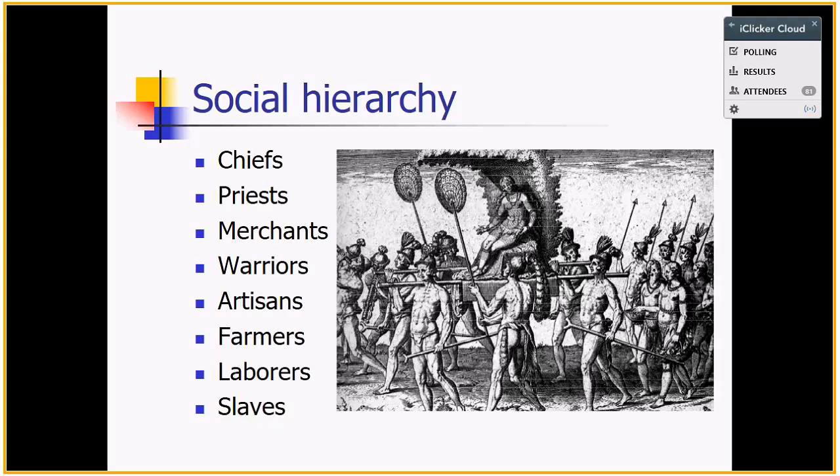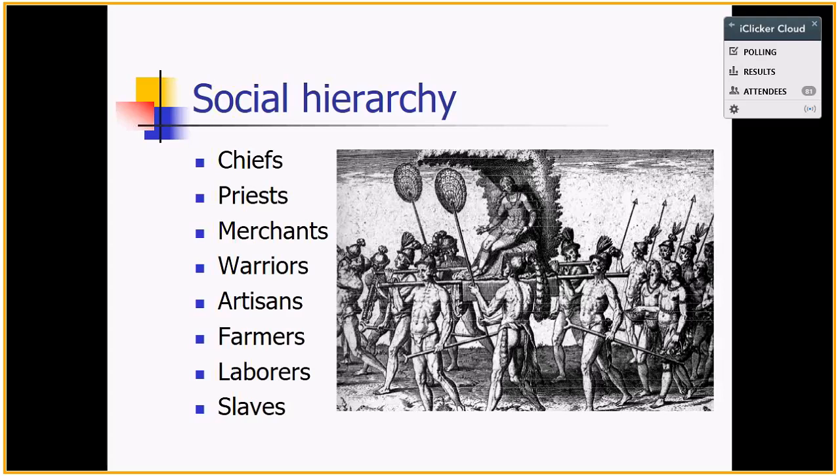And then, of course, at the bottom of the social hierarchy are the slaves. And every human society has practiced slavery at some point in its development. There's always been disposable people that did the dirtiest, most grueling work and had the lowest status.